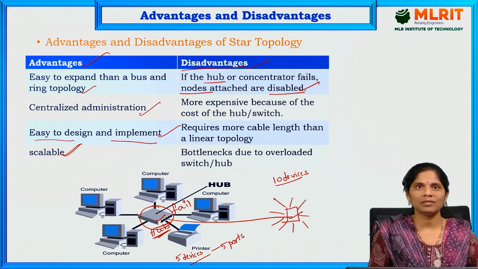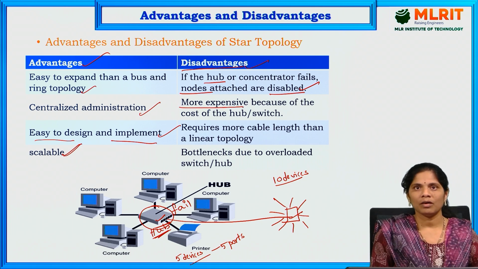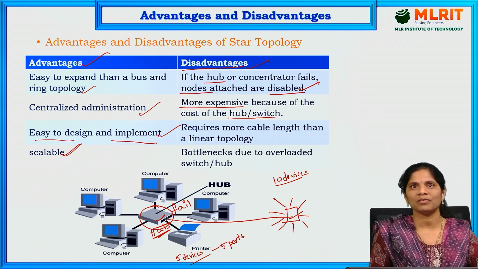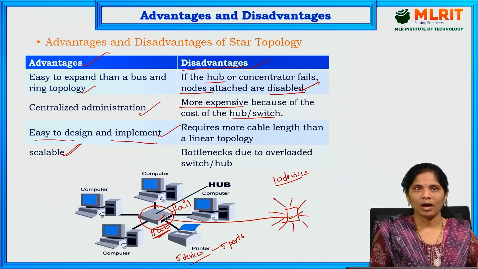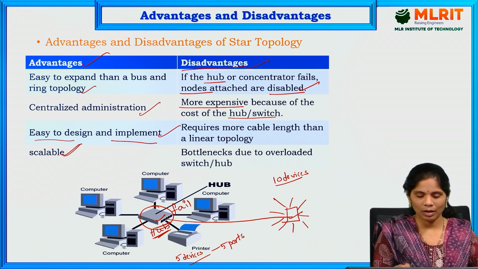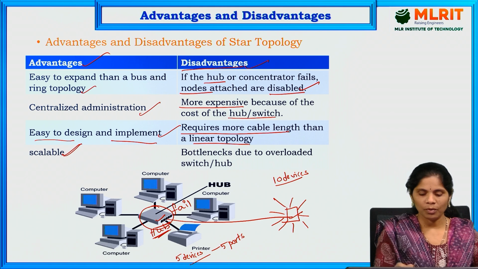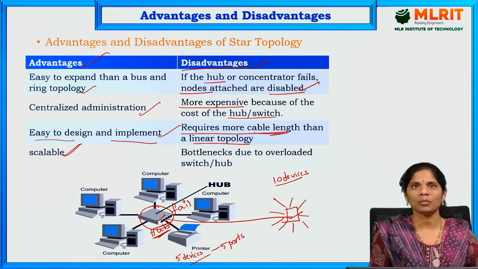That is the first disadvantage. At the same time, next one is more expensive. Why is it more expensive? Because the cost of the hub or switch is high. And next, it requires more cable length than linear topology. Here the cable length is also more. That is one more disadvantage.